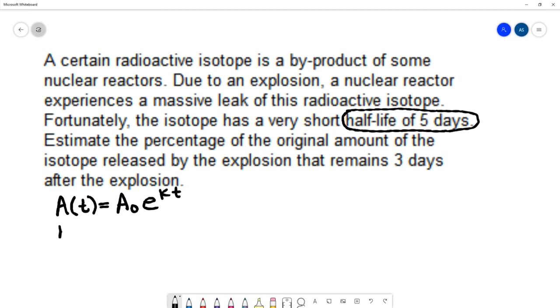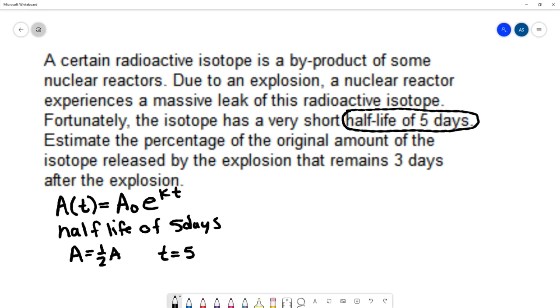And we have a half-life of 5 days. So in a period of 5 days, our amount will become half of what we started with. So this information is going to allow us to figure out k, that decay rate.